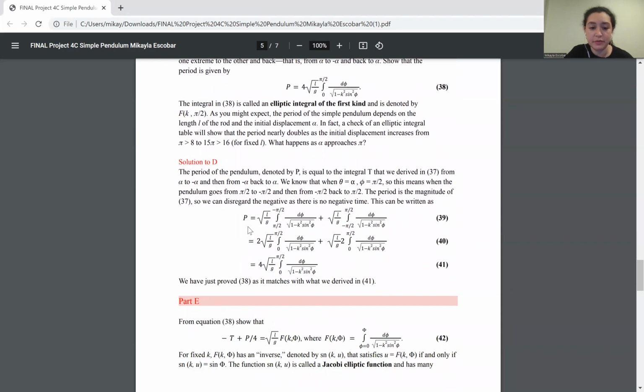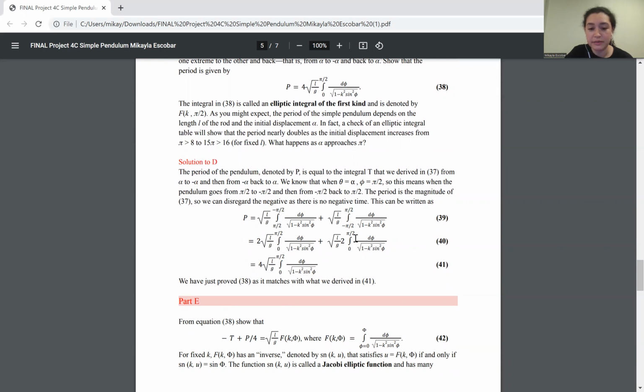We're going to be left with the period P equal to the square root of L over G times the integral from pi over 2 to negative pi over 2. And we have the same integral over here, square root of L over G, this time from negative pi over 2 to pi over 2. Now you can see that it's symmetrical, so we can rewrite the equation as 2 times the square root of L over G from 0 to pi over 2.